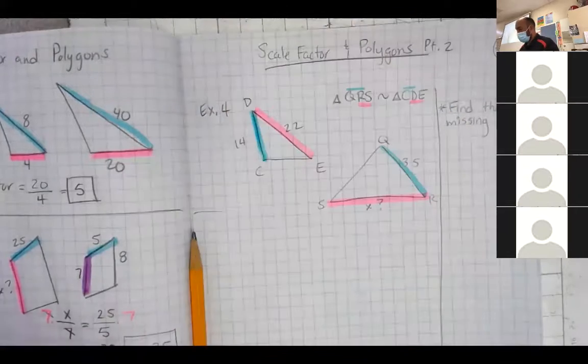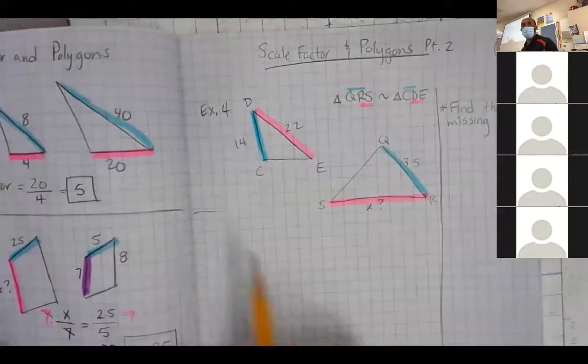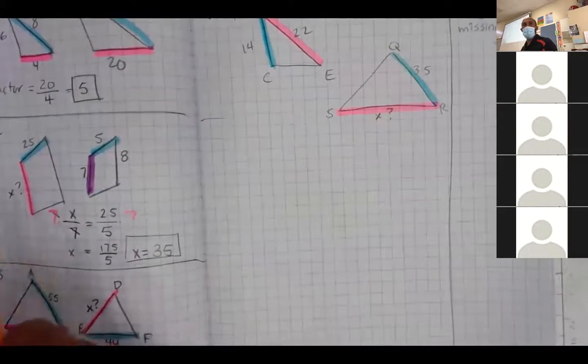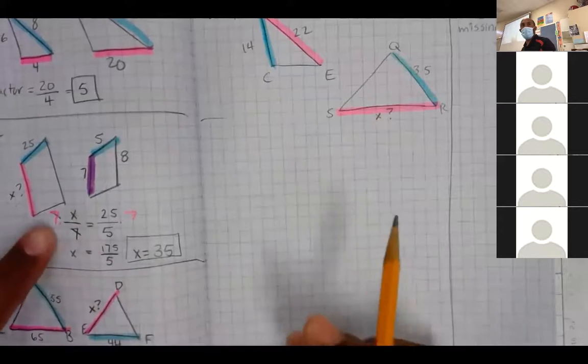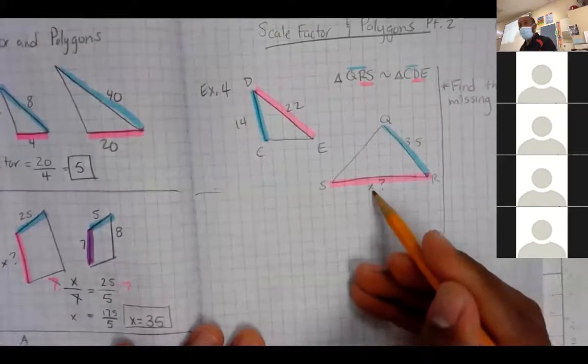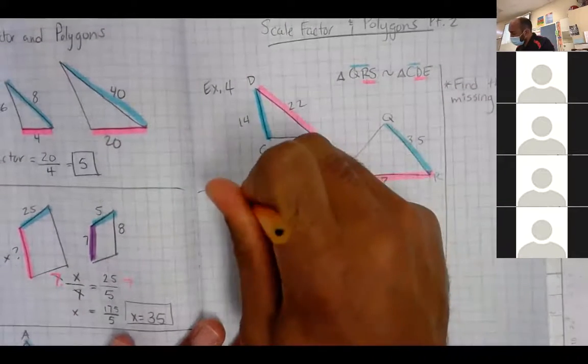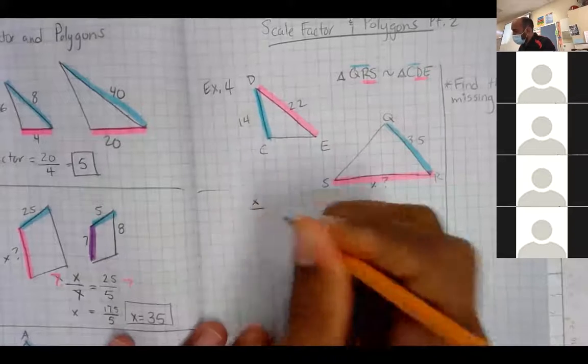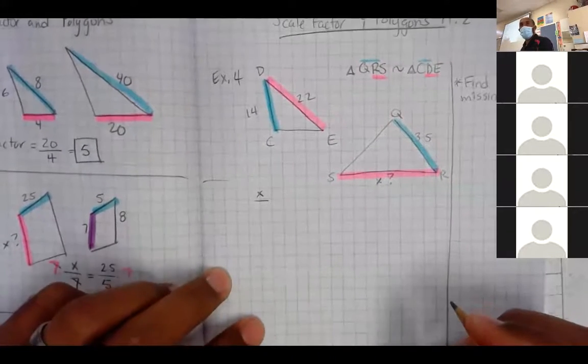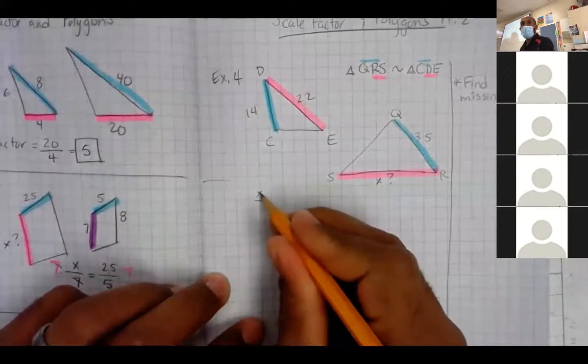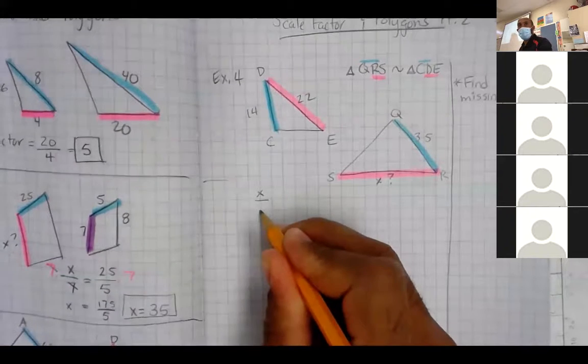So to set up the equation, just like we did over here in these problems, I start with X on the top, the missing side. And then I put the corresponding side right below it.